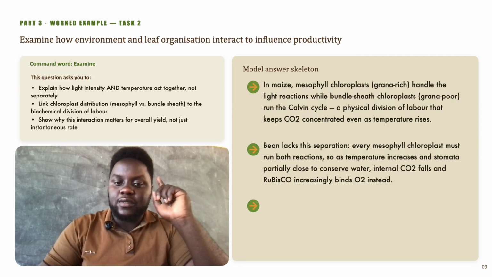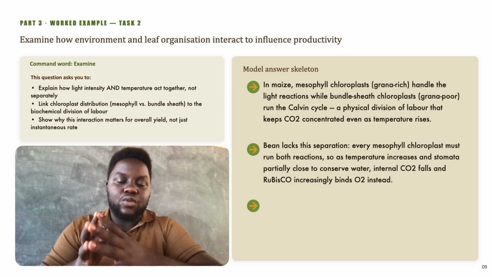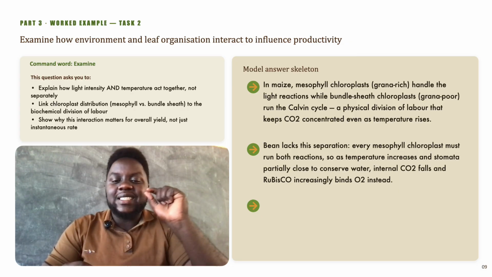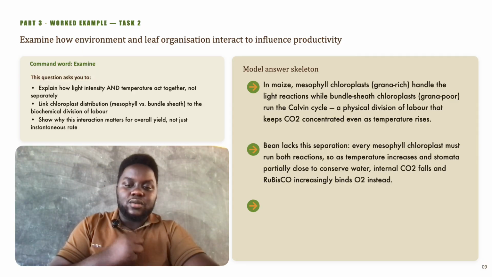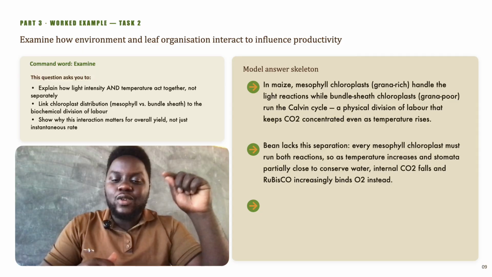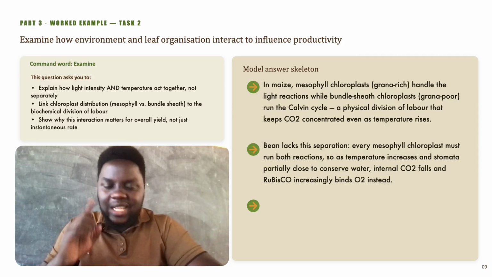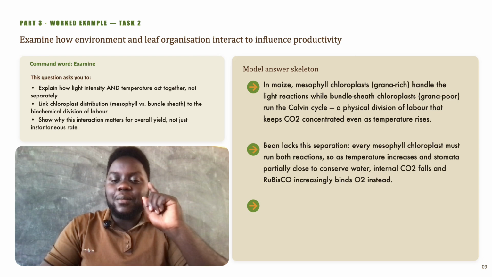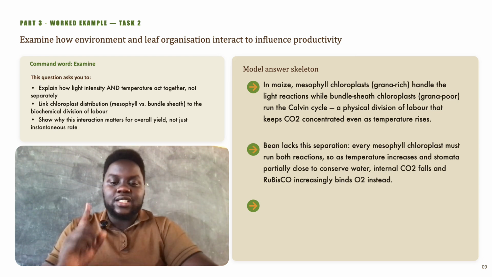I hope you remember that from coordination in plants, which is a plant's water conservation response to heat. And as a side effect, this reduces how much carbon dioxide can go into the cell by diffusion. With less carbon dioxide available and no concentrating mechanism to compensate, Rubisco becomes increasingly likely to bind the much more abundant oxygen instead. So you can see, it is not just temperature alone.